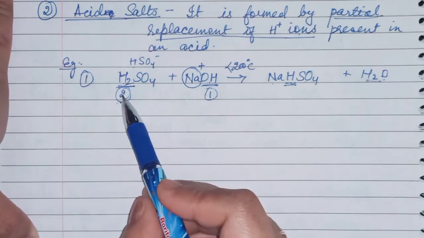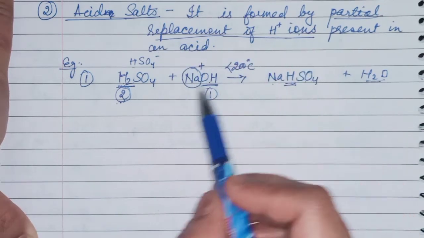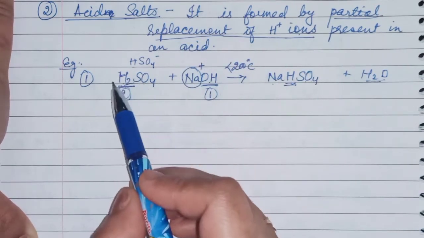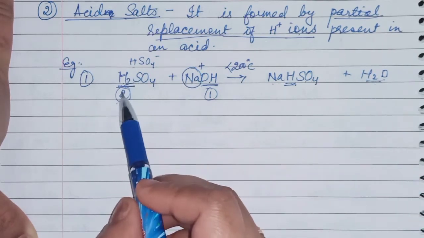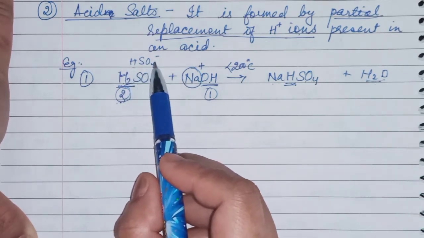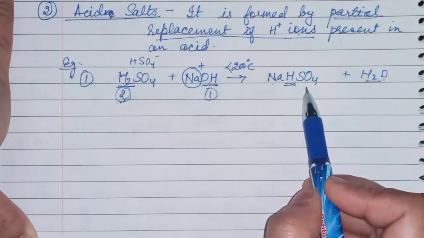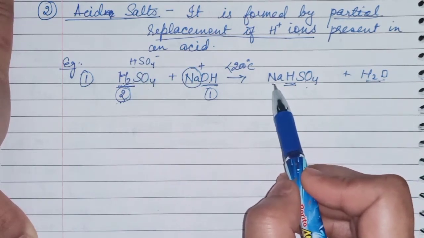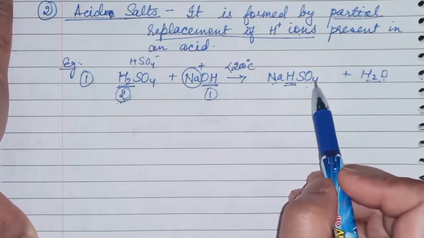But here it is not complete, it is partial replacement of H plus ion. That's why out of two, only one will form an ion, H plus ion, and another H will remain with SO4 minus. So that HSO4 minus will form a salt that is known as sodium bisulfate or sodium hydrogen sulfate.